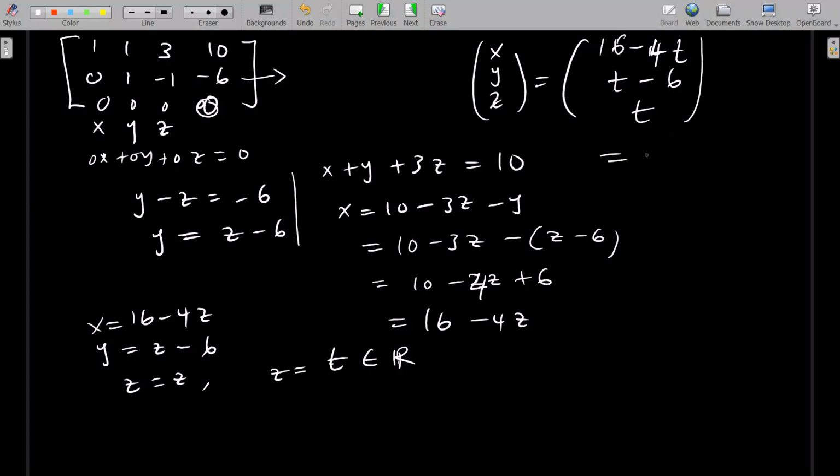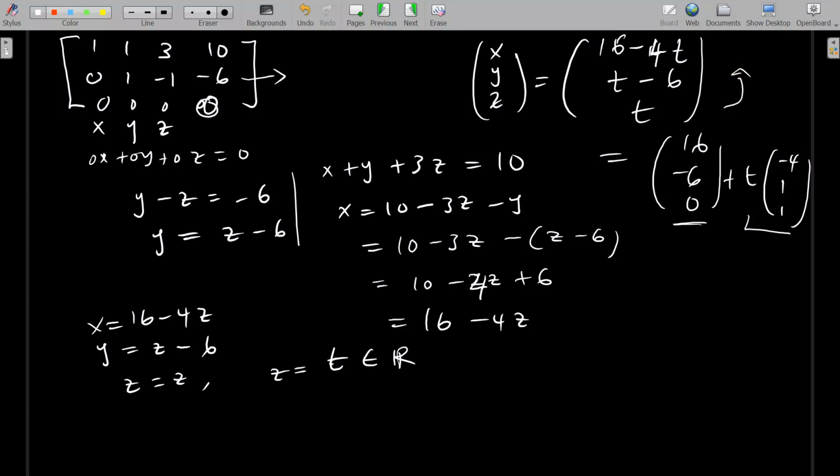Right, again, you can split this into the numbers component 16, negative 6, 0, plus t times negative 4, 1, 1. Right, so t multiplies these things, you add them, you're going to get the same thing here. So this is the solution to such a problem.